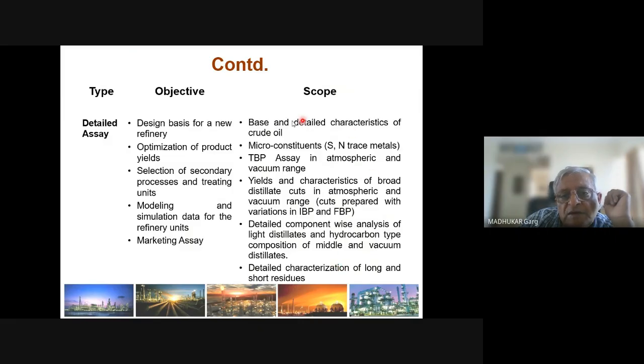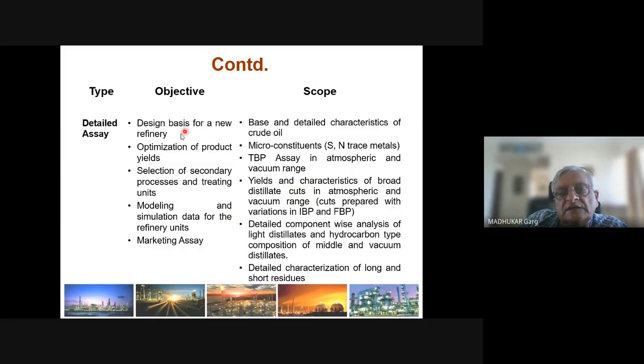But why do the oil companies require this data? If you have to design a new refinery, the way we design it, we design it flexible enough to be able to process a light crude and a heavy crude. So when you design a new refinery, something like 5 or 6 different crudes are identified, which will provide the full flexibility of that refinery in terms of its processing.